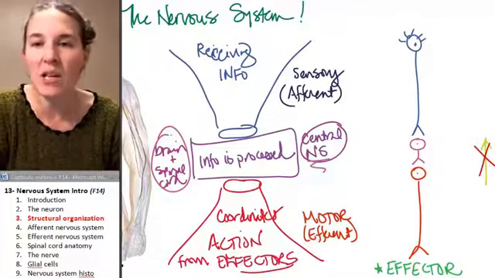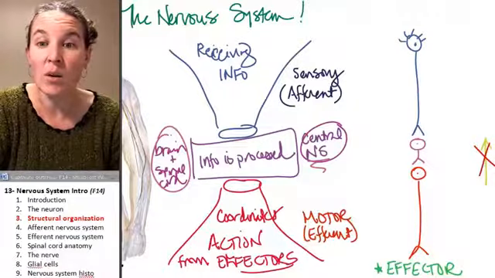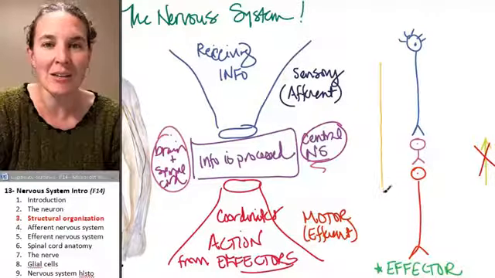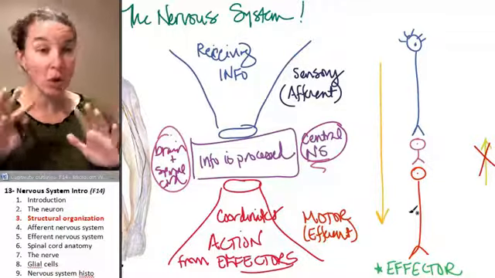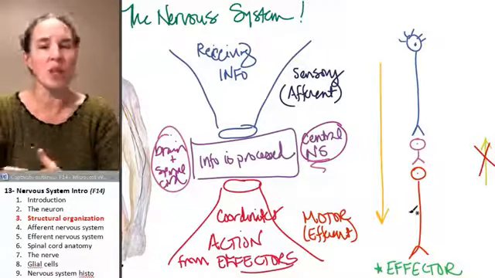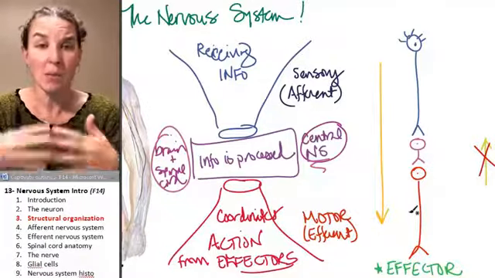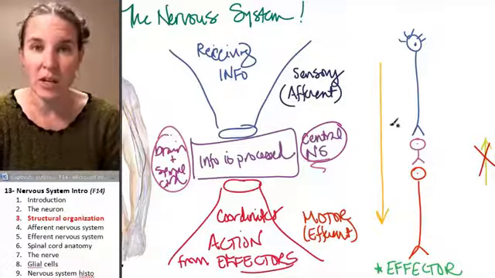So the information here is always, always, always traveling that direction. Now, we can throw in some crazy loops and turns, and we can have multiple neurons in a pathway, like many, many neurons in a pathway. But the information is only going to go in one direction.